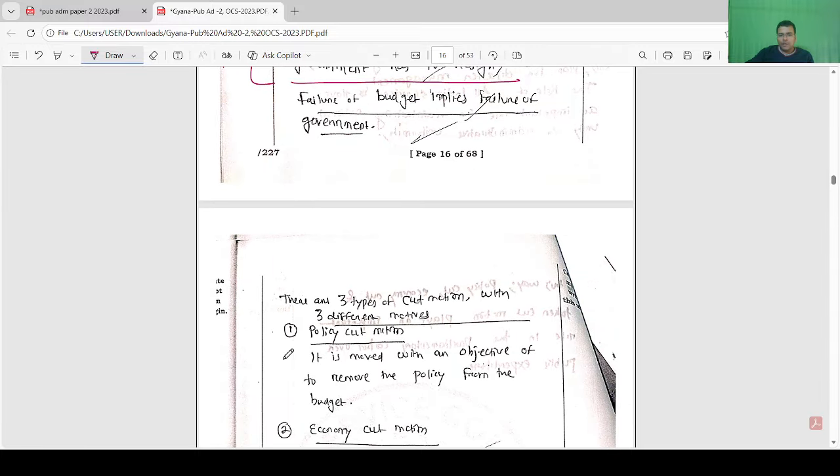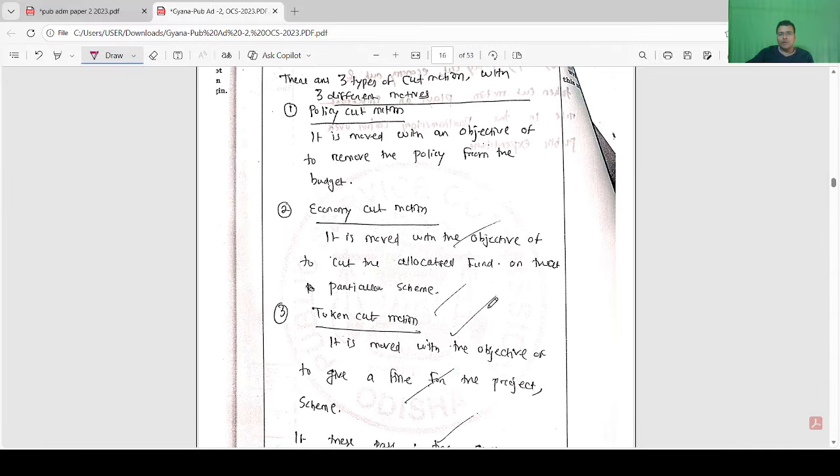So there are 3 different types of motion: policy cut, economic cut, token cut. The policy cut is moved with the objective of removing the policy from the budget.